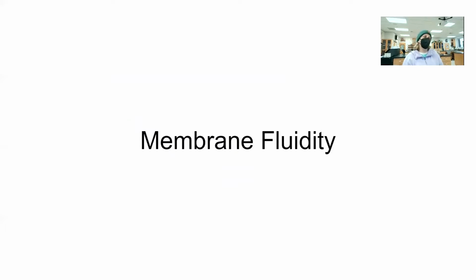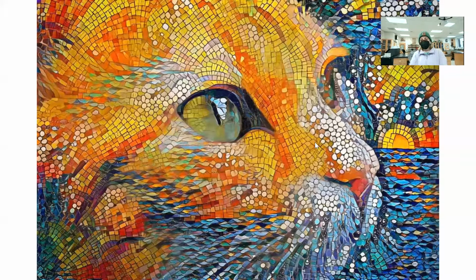Okay, so all of this is leading up to this really important thing of membrane fluidity. So how fluid is your plasma membrane? And remember that it's this mosaicness of the cell that allows the plasma membrane to be nice and fluid.